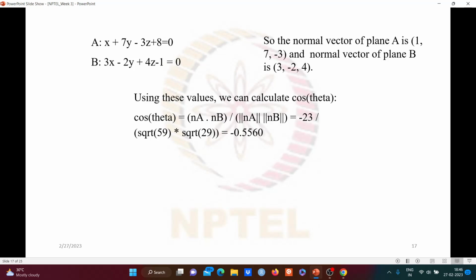So the magnitude will be the square root of 1 square plus 7 square plus minus 3 square, that is the square root of 59. Similarly for B, the magnitude will be the square root of 29. When we apply these, the cos theta value is given as this. And the final answer is 126.37.